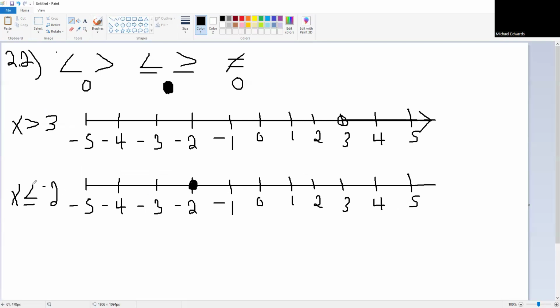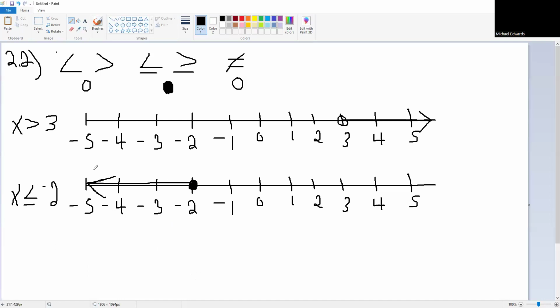If x is less than or equal to -2, our line goes this way, and we draw an arrow because it's unbounded. Unbounded means you put an arrow on it and it goes on forever down this line: -6, -7, -8, -1 billion, -1 trillion, whatever. It just goes on forever that way.